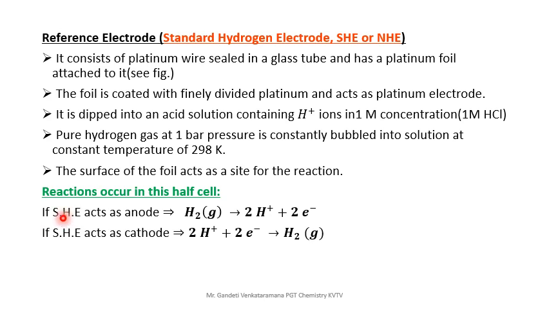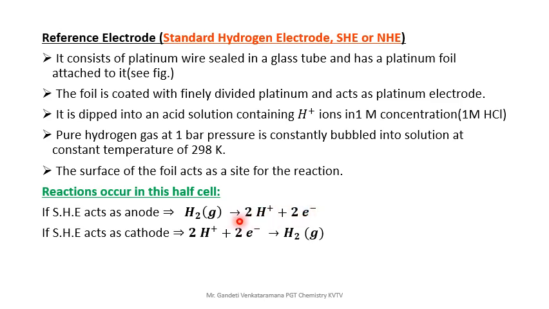There are two possibilities. SHE may act as an anode, otherwise the standard hydrogen electrode may act as a cathode also. If SHE acts as anode, already we know what happens at the anode. Generally oxidation takes place, so H2 gives 2H+ plus 2 electrons.